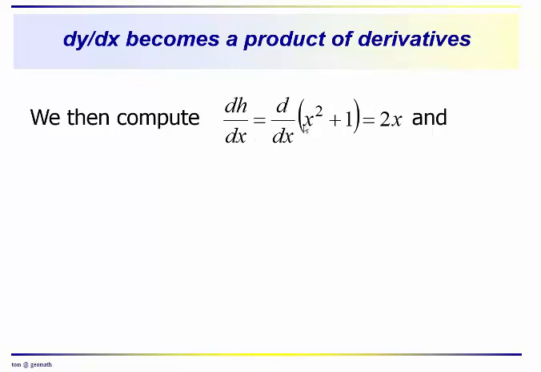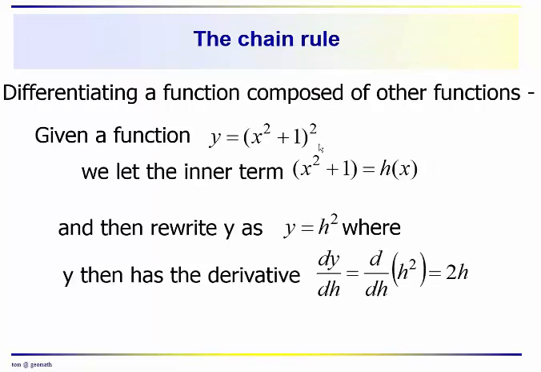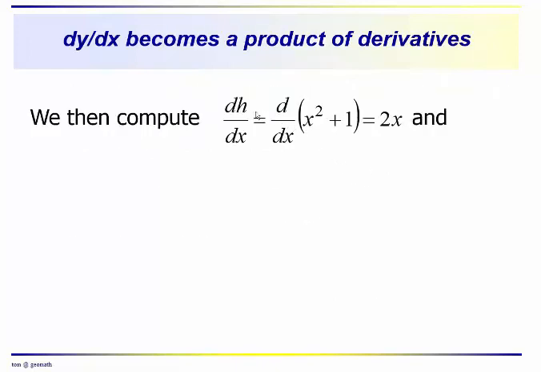We let x squared plus 1 equal h of x. We know that dh dx is just the derivative of x squared plus 1, so we use our power rule and our sum rule, and we know that this derivative should be equal to 2x.